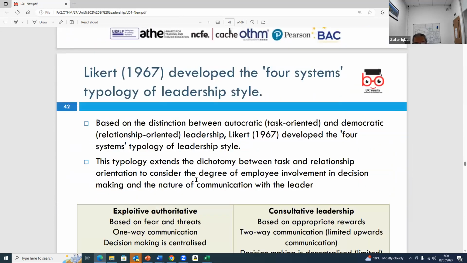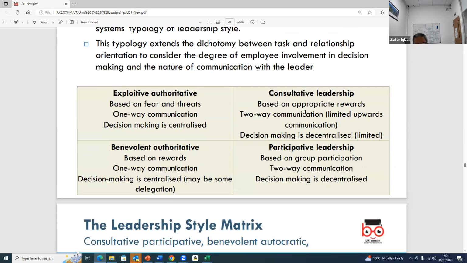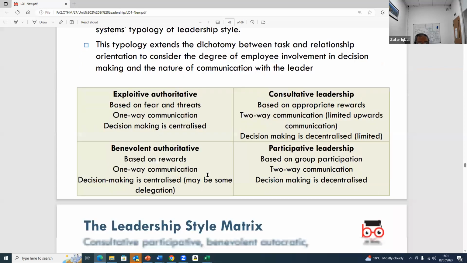Likert, of course, let's look at Likert. He developed the four systems typology of leadership style, and he classified leadership into exploitative authoritative, benevolent authoritative, consultative, and participative leadership.